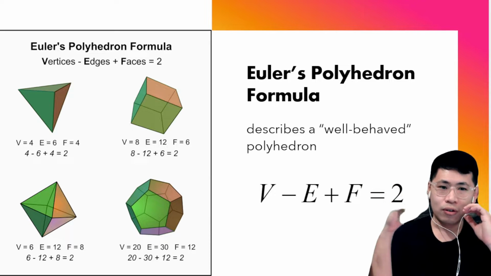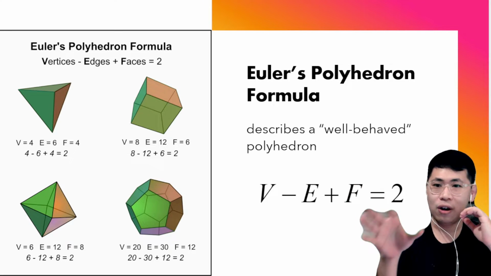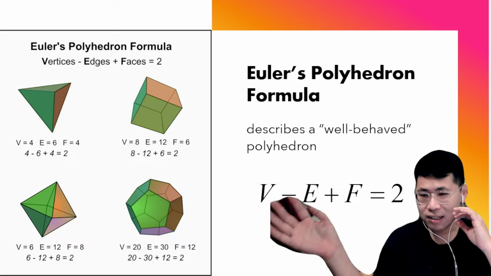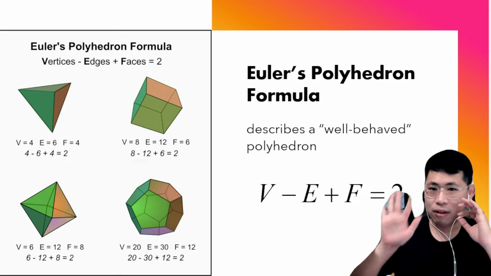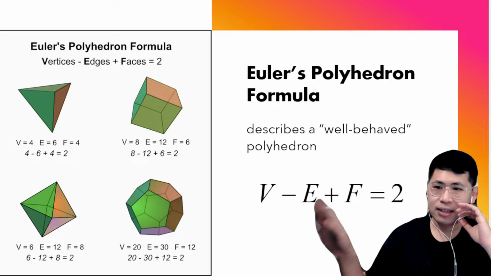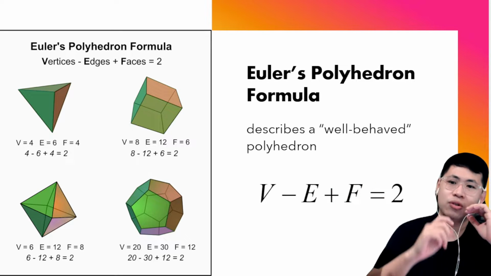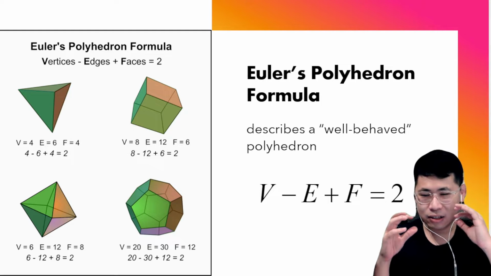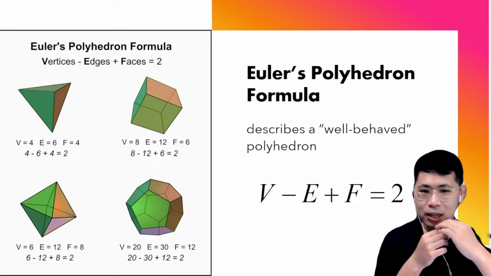Right, so this formula describes a well-behaved polyhedron, a relationship between the corners, the edges, and also the faces. Right, so vertices minus edges plus faces equals 2. Right, so this is a description of a well-behaved polyhedron.